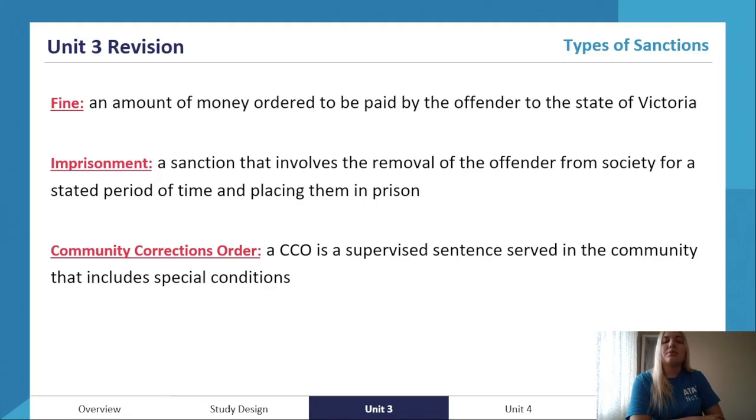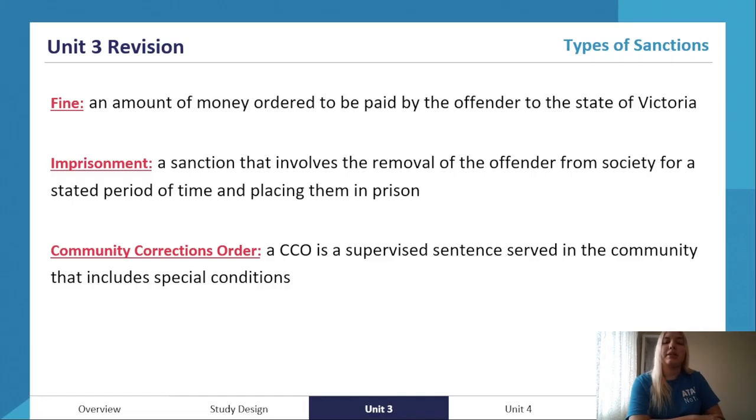Now, CCOs are supervised sentences served in the community with special conditions. The judge can adjust these conditions based on the person and what they've done, and each set of conditions for every person that's an offender may be different. It can include things like curfew, alcohol exclusion, being banned from visiting certain venues or seeing certain people, etc., an ankle bracelet.